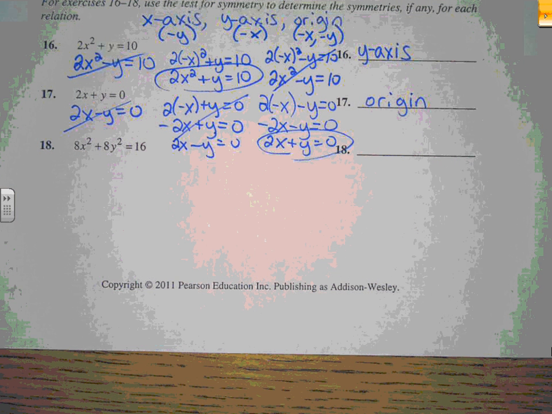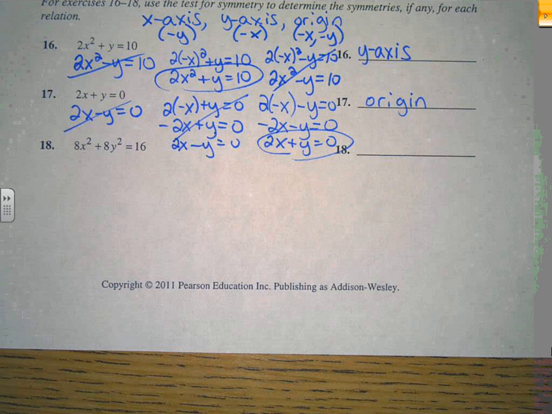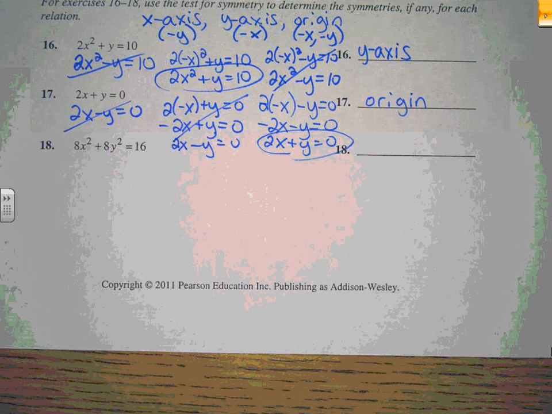Okay, you try number 18. Either you can do it in your head or write it down. See if you can figure out which ones it's symmetric to.